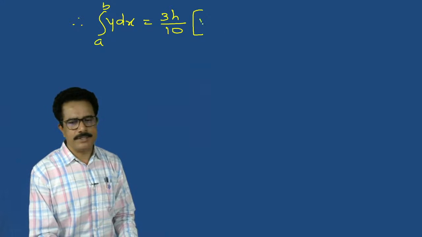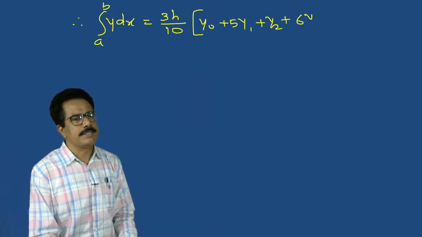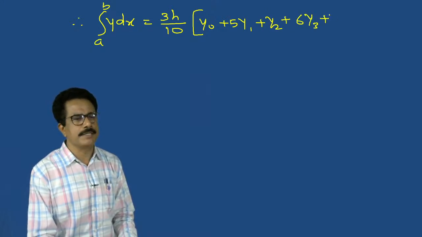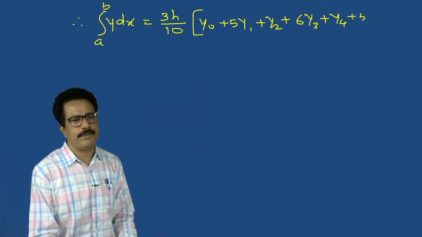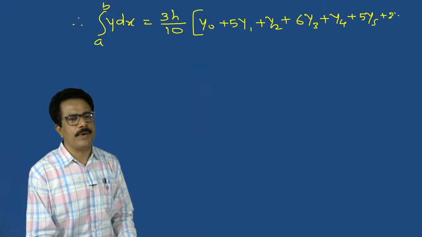y0 we can write y0 plus 5 times of y1 plus y2 plus 6 times of y3 plus y4 plus 5 times of y5 plus 2 times of y6 plus dot dot dot in this way.